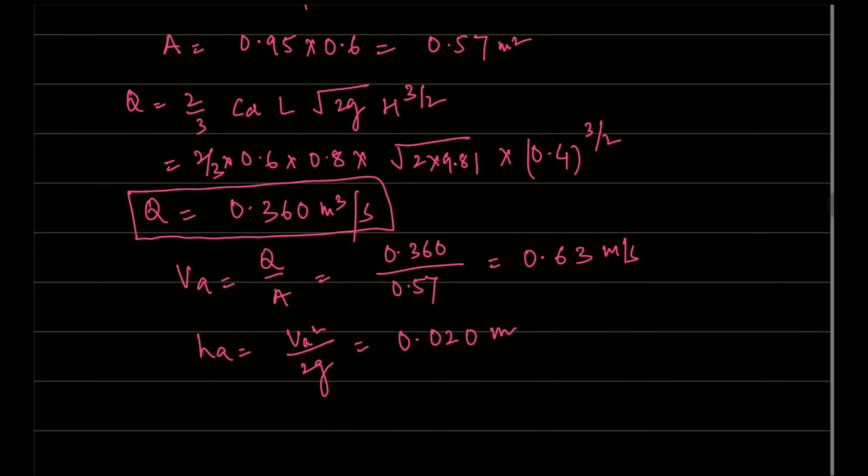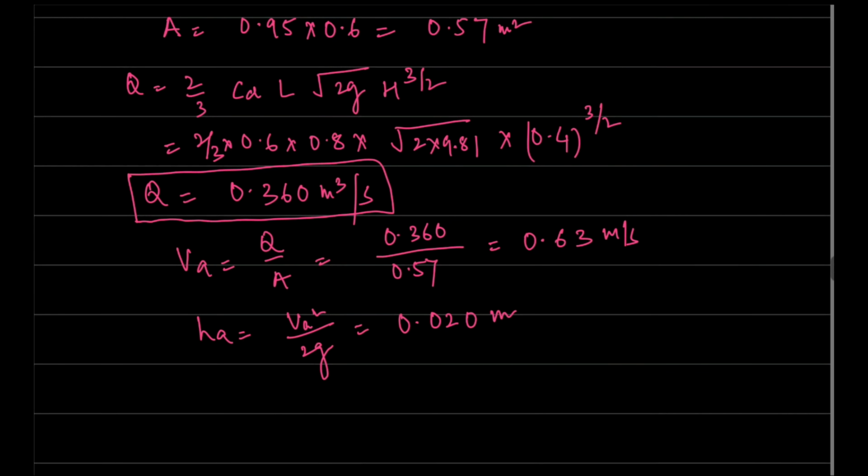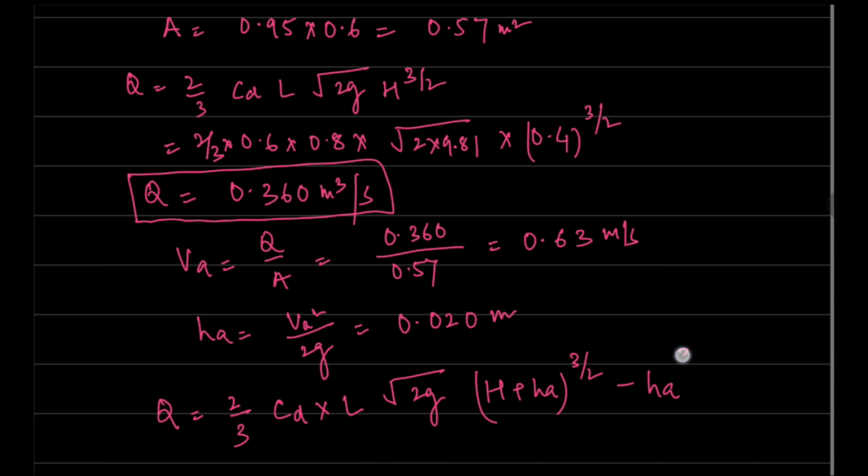So now using the discharge equation, we can write that Q is equal to, with inclusion of approach velocity, 2 by 3 multiplied by CD multiplied by L under root 2g, (H plus HA) raised to the power 3 by 2 minus HA raised to the power 3 by 2, and then bracket close.